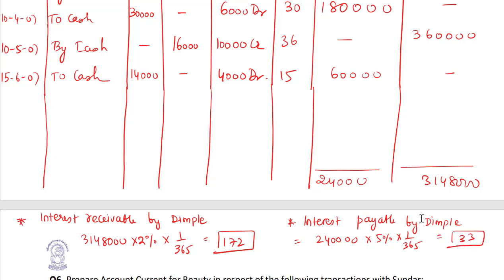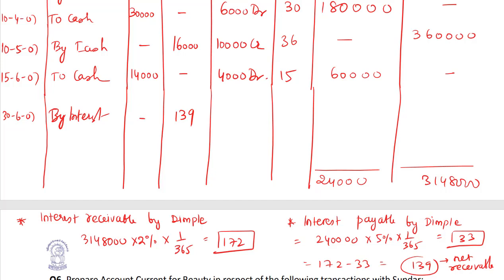So 172 minus 33 is 139. Net interest receivable on the closing date is 139, so by interest receivable, in the credit column, 139.